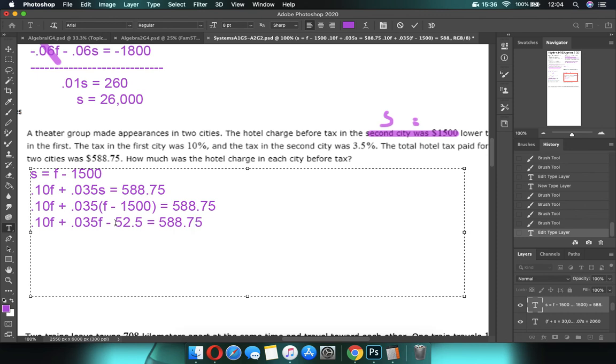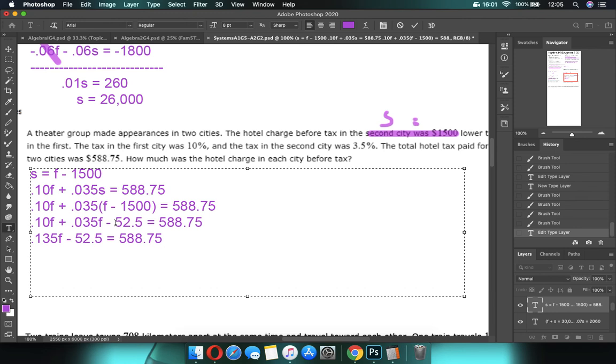So now we have some like terms because you can see we have the 0.10F and we have the 0.035F. Both of those are to your advantage since they both have the letter F, which means we can just combine them. So that becomes, computer, 0.135F minus 52.5 equals 588.75. So far so good.